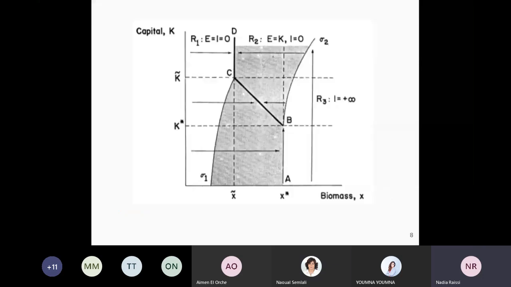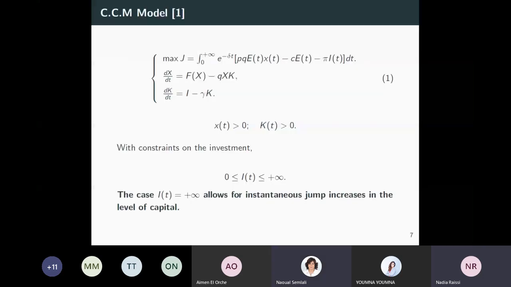So we thought that since the CCM model is about maximizing the profit, what happens if we don't maximize the profit? Our whole goal is to sustain the activity. So we extracted the dynamic from the CCM, which is controlled only by the investment, which might be unbounded.